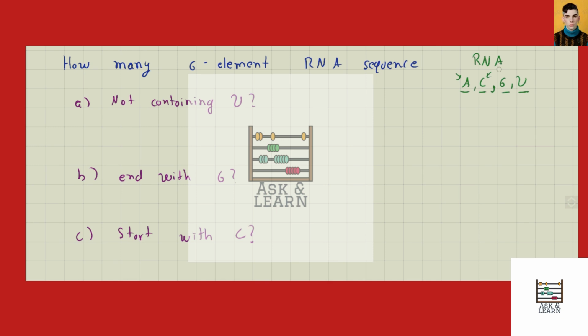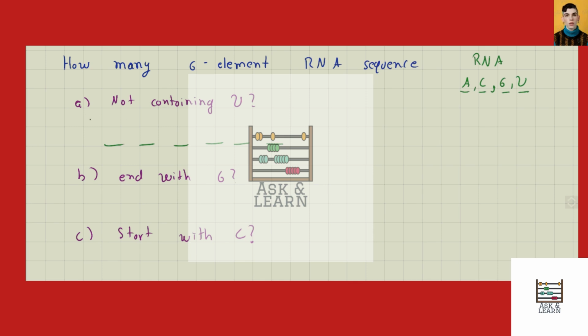These form the basis elements of RNA. Technically, you can think of this like a string. So you have a 6 element sequence of RNA that is formed by each of these four letters.